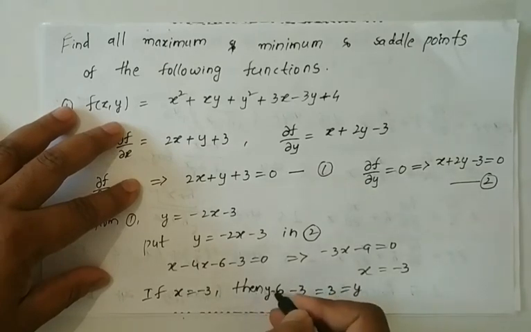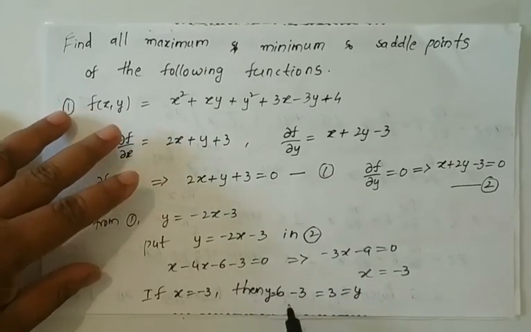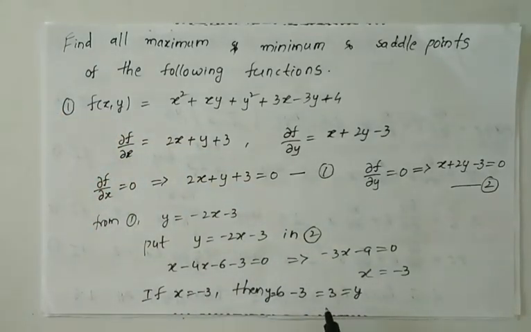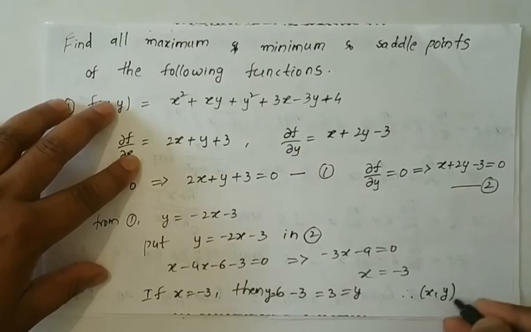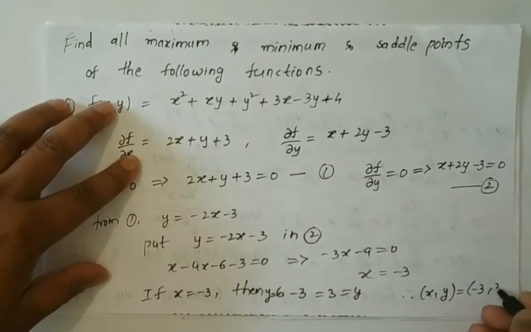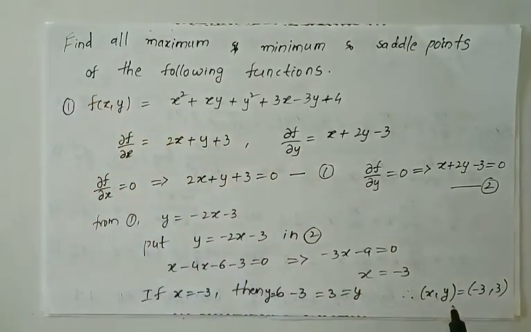So if x is equal to minus 3, then y is equal to 3. Therefore, what is the point? (x, y) is (minus 3, 3). So the point (minus 3, 3) is called the critical point of the function f(x, y). Okay, clear?